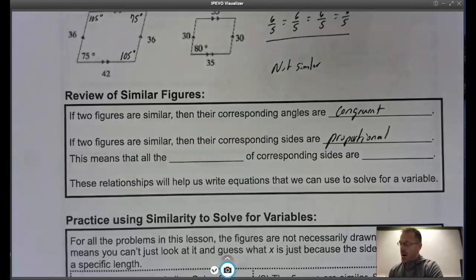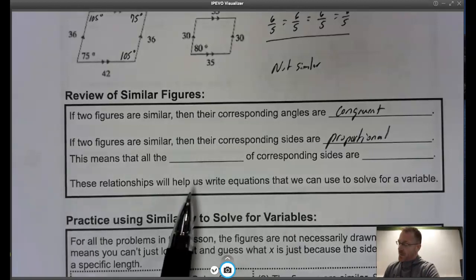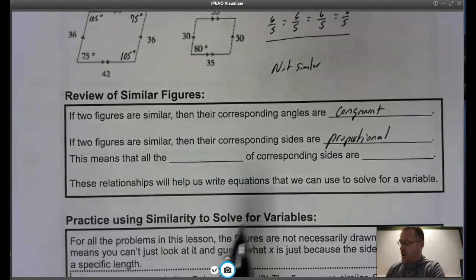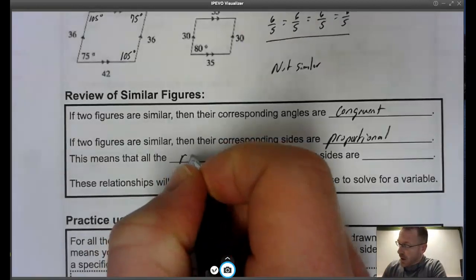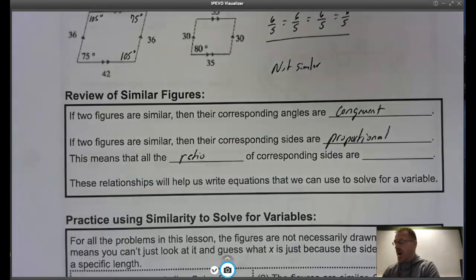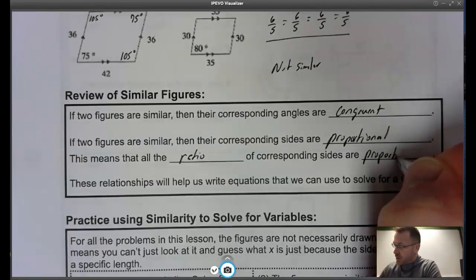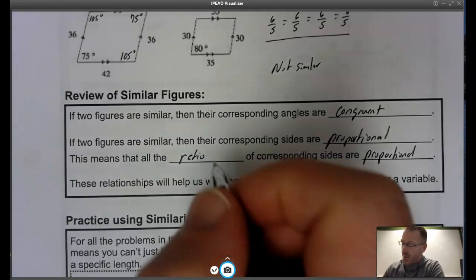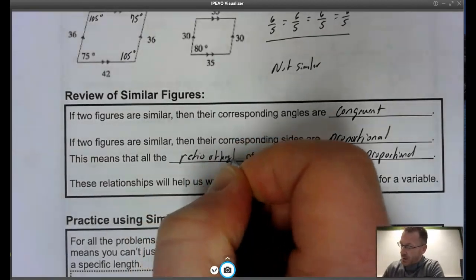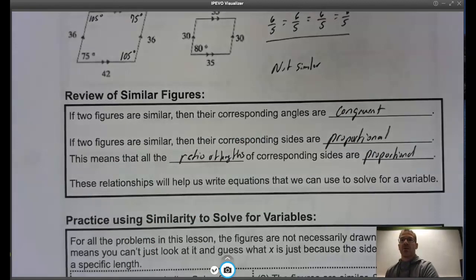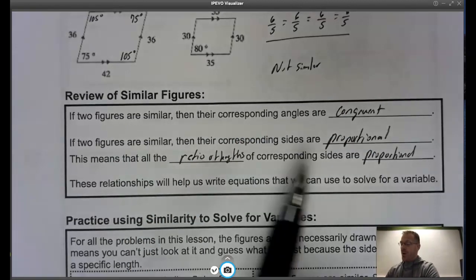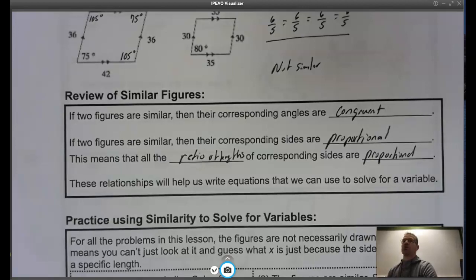So this means that the ratio of lengths of corresponding sides are proportional. Notice that both of these things have to be true to show that something is similar.